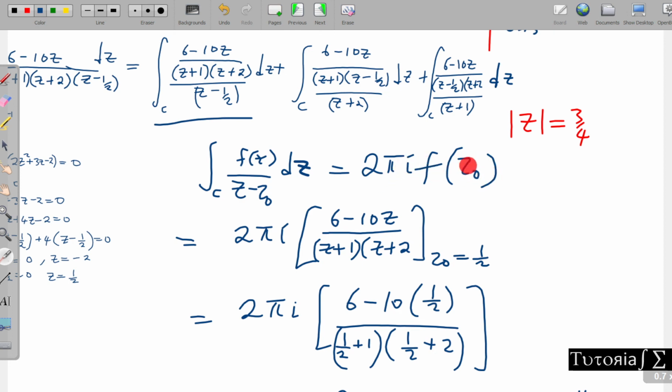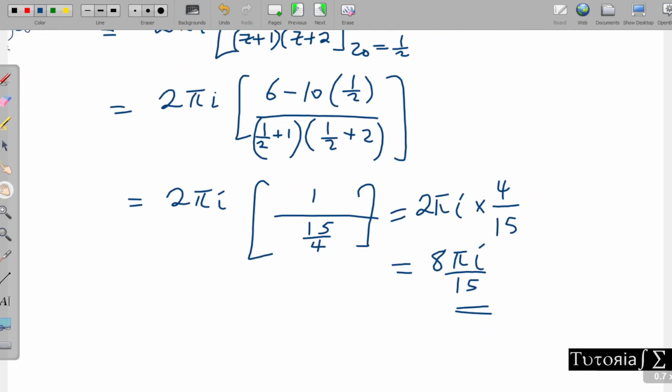Where there is f of z, you replace your z naught. You get your z naught by equating this to 0. Our f of z was this on top, which we replaced here. Then our z naught was half. We replaced and simplified, which gave us that. So that is how we're supposed to do that one.